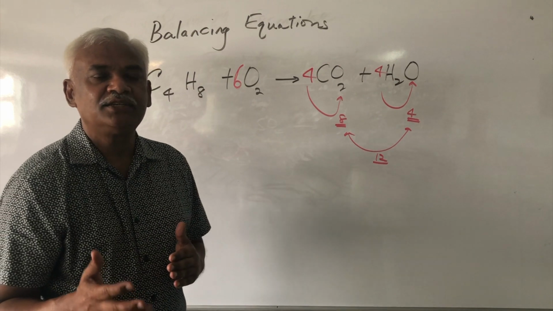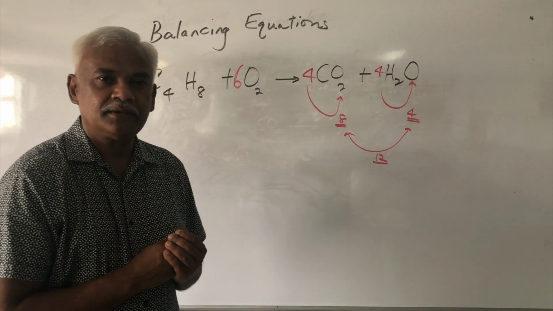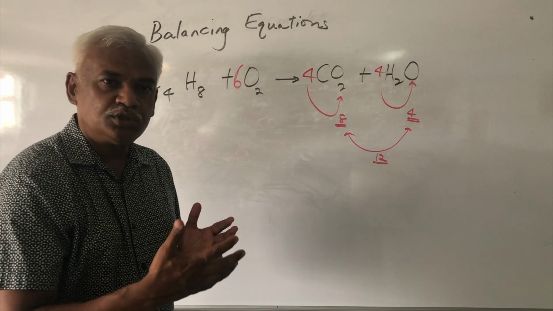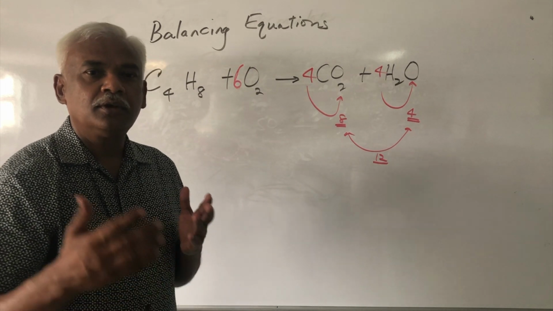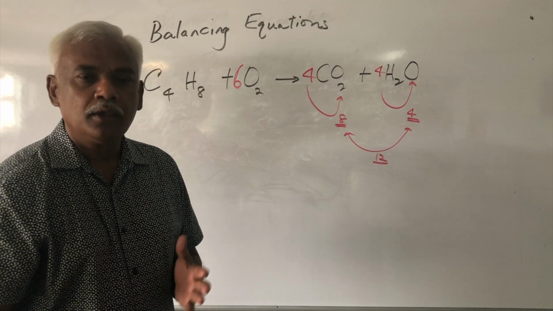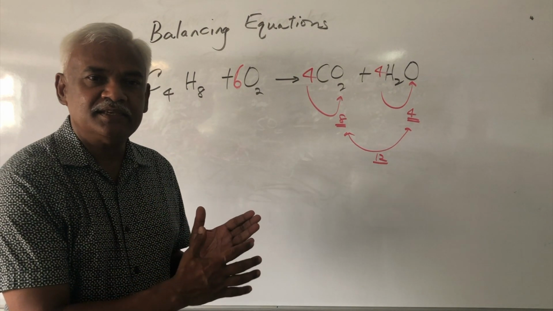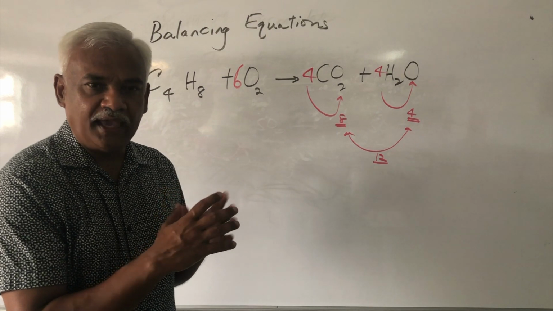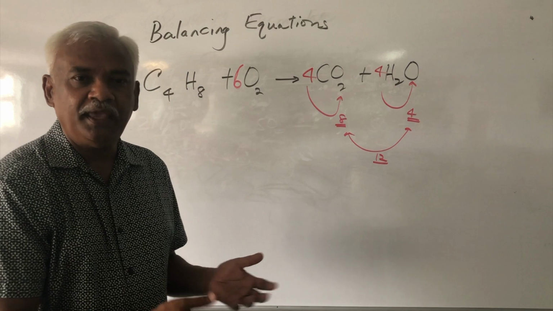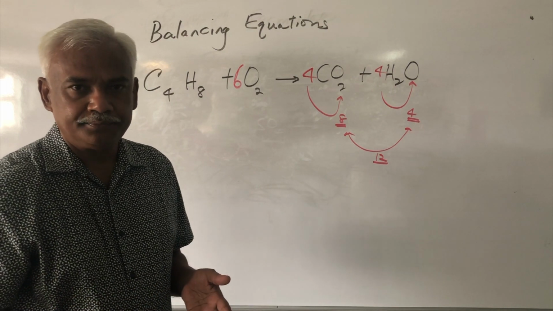Then we looked at the relative molecular mass, also called the RMM. Write out the formula. You'll have a sheet giving you the atomic masses. You assign the atomic masses to the atoms in the formula. You multiply as the case might be, and then you add.